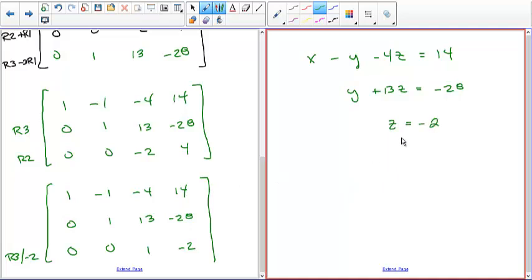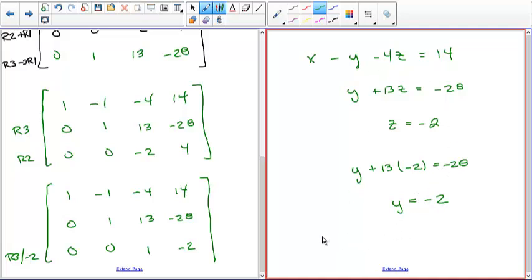So back substituting, I'll get y plus 13 times negative 2 is equal to negative 28. So that's negative 26. I add 26 to both sides, I'll get y equals negative 2. Negative 28 plus 26 is negative 2. And then I back substitute in the first equation.